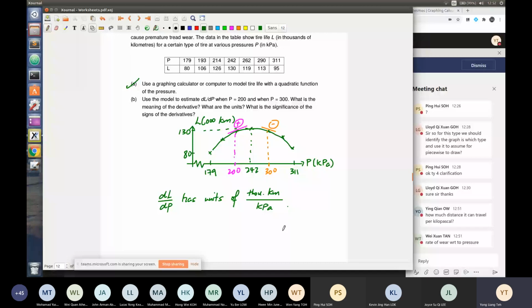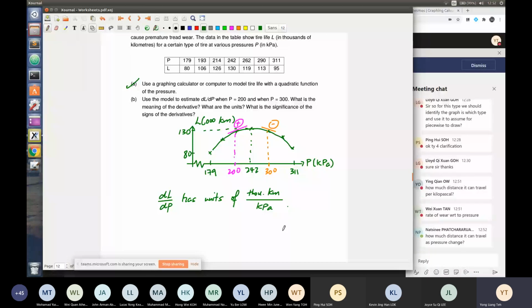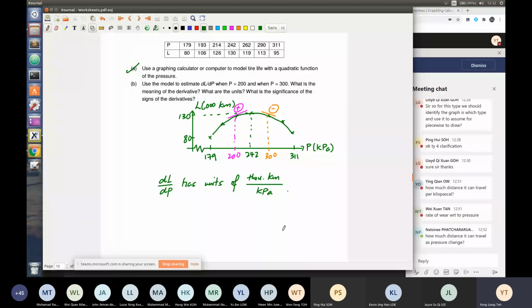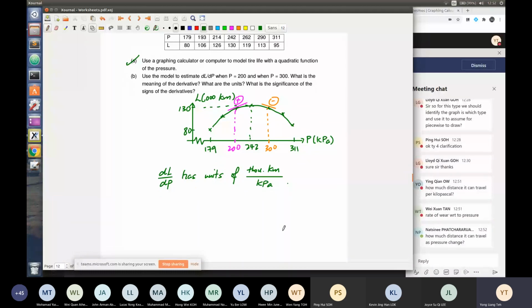And furthermore, rate of wear with respect to pressure is quite technical also. So Nasini said how much distance it can travel as pressure changes. That's quite similar to Ying Qian's guess. Okay, so good try. So let me just tell you how I would define it.